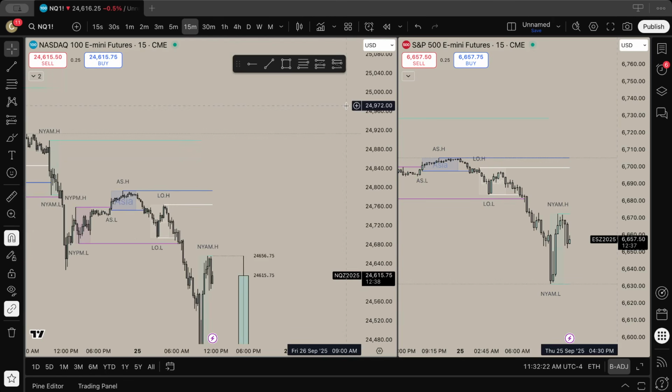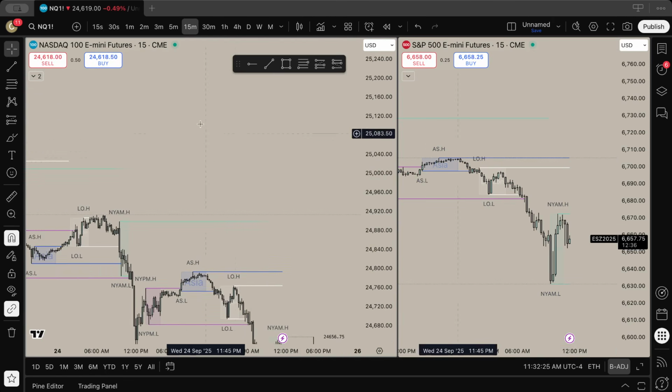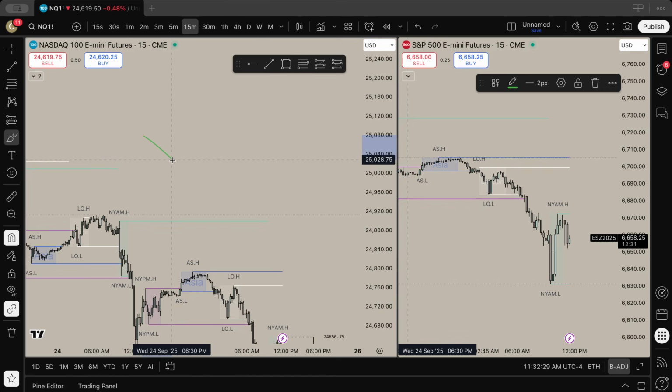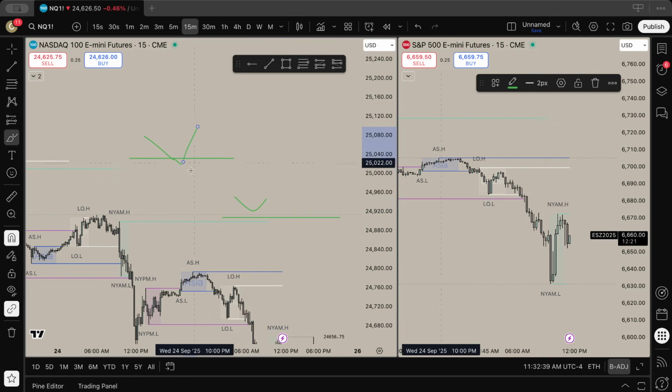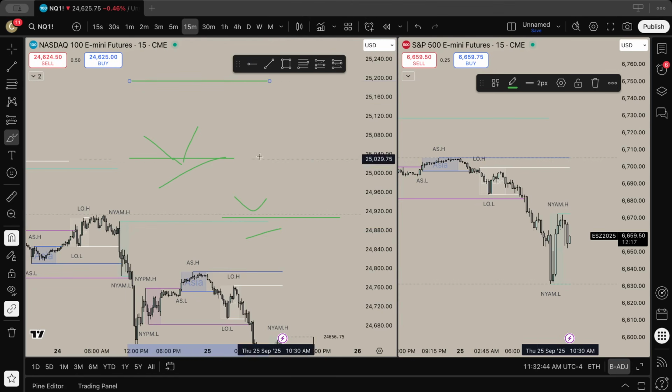Okay, so if I see that price comes in here and the NASDAQ, let's say the NASDAQ sweeps London lows, right? And ES comes in here and ES does not sweep London lows when we start trading to the upside, right? That is some bullish SMT, and that gives me even more conviction in London highs getting taken.